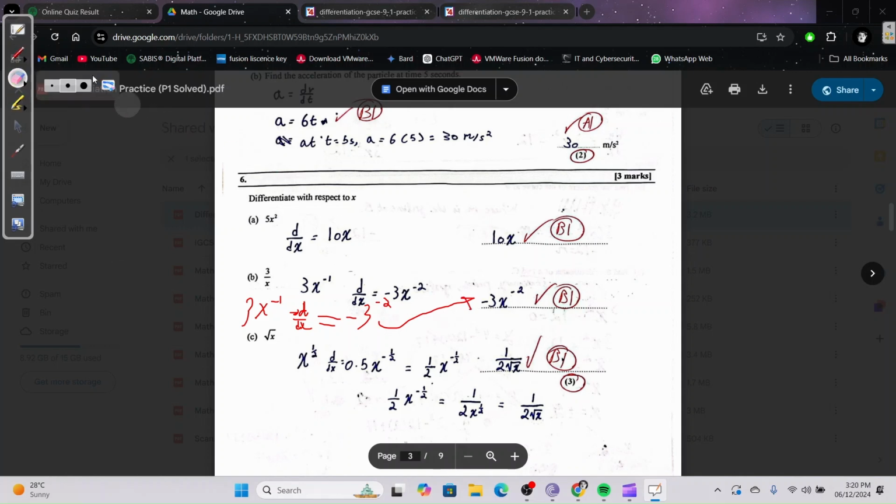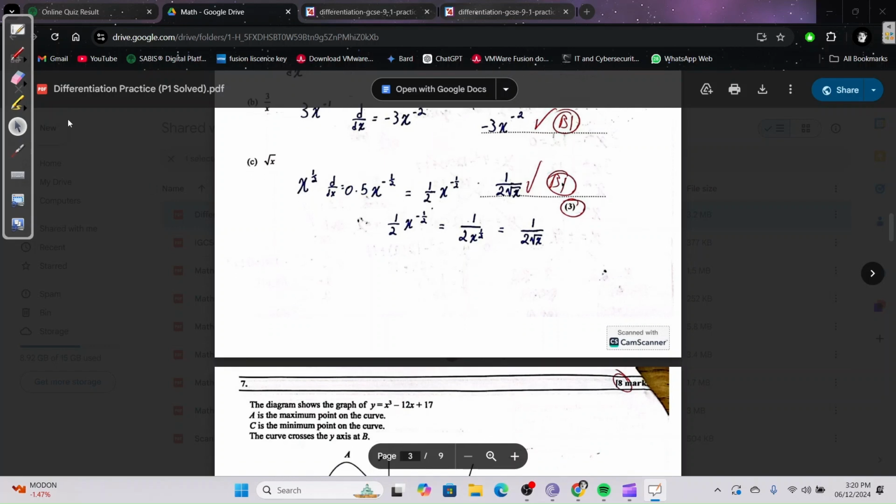Now this one's gonna get a bit confusing, so just stay there with me. Root x, remember, anything square rooted is gonna be to the power of 1 over 2. So here we have x, so it's gonna be x to the power of 1 over 2. Okay, you derive this. D by dx is equal to half or 1 over 2, doesn't really matter, x to the power of 1 over 2 minus 1. 1 over 2 minus 1 is going to give you negative 1 over 2.